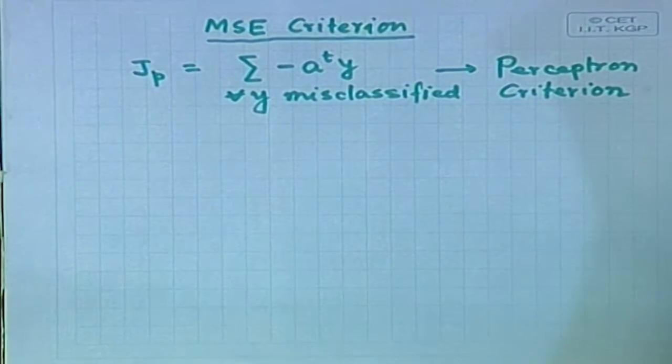When all the training samples are classified properly, the perceptron criteria function Jp has to be equal to 0, which is the minimum value, and if any sample is misclassified by the weight vector A, then Jp will be greater than 0. Following this, we took the gradient of Jp with respect to A, and then followed the gradient descent procedure to come to the solution of the weight vector A.